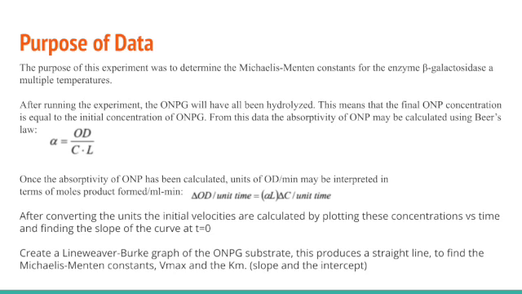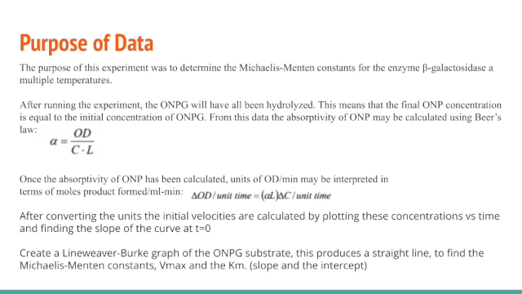And from that, you can calculate the absorptivity of the ONP using this equation, it's Beer's law. So the alpha represents absorptivity of ONP, the OD represents the optical density, the C represents the initial concentration of ONPG, and then the L represents the path length.